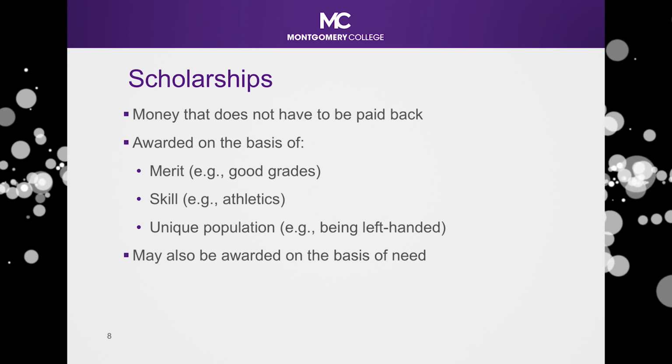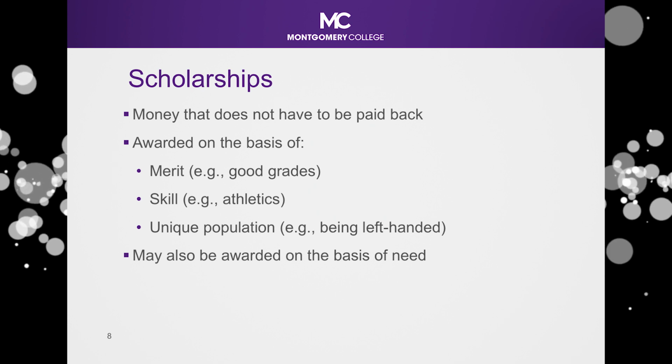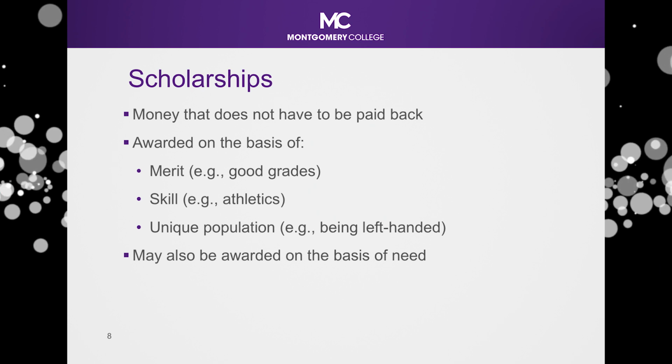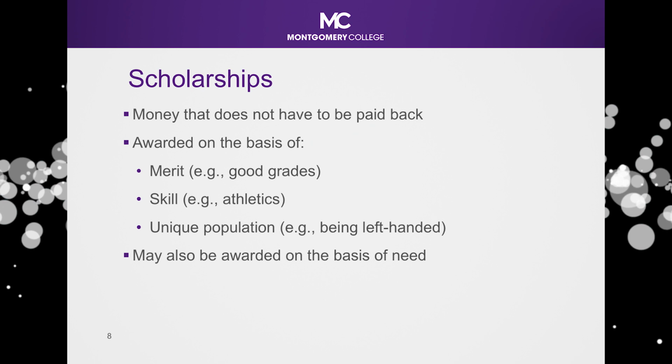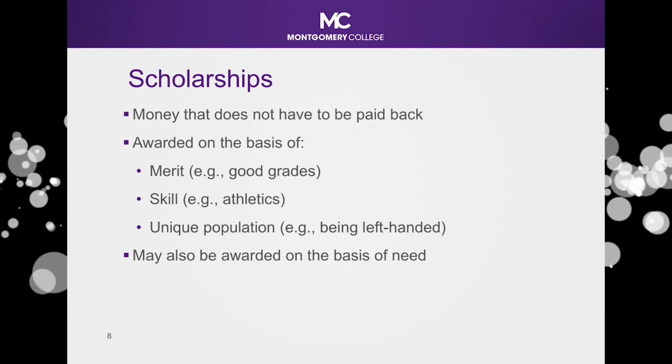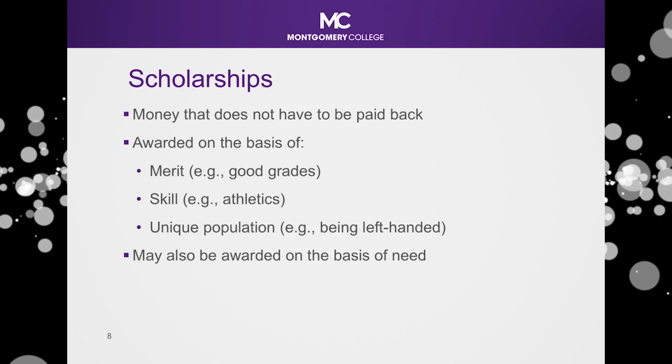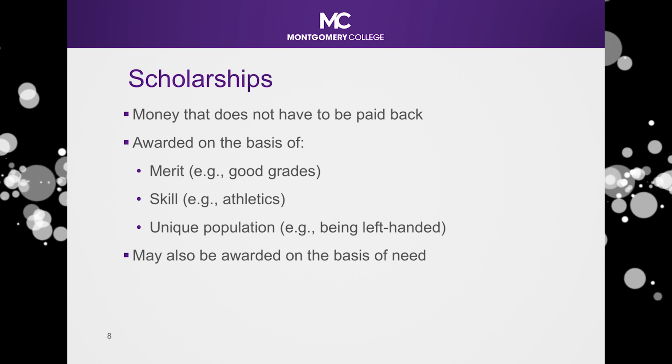But when you look at a merit scholarship, it's generally because you do something well. You have good grades. You may be in the band or in the choir. You may sing well, or you may play an instrument well. You may be an athlete. But those are the kind of things you look at with scholarships.